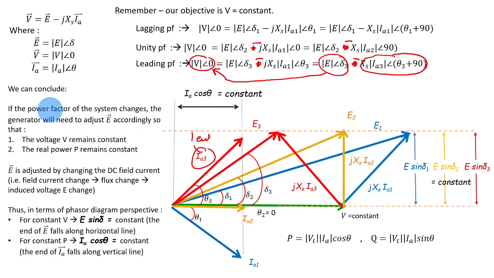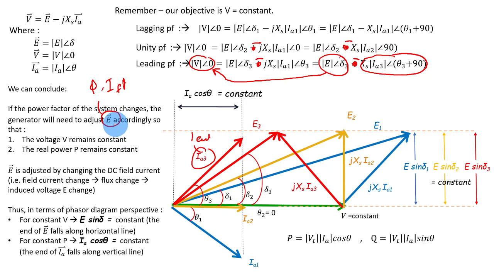So we can conclude that if you observe all these three sets of vectors, putting them together in the same plane, you can see that if the power factor of the system changes, the generator will need to adjust the voltage accordingly, because E here depends on the value of the flux, right? And it also depends on the value of the field current. If you control the field current, you control the flux, and you can increase or decrease the generated voltage.